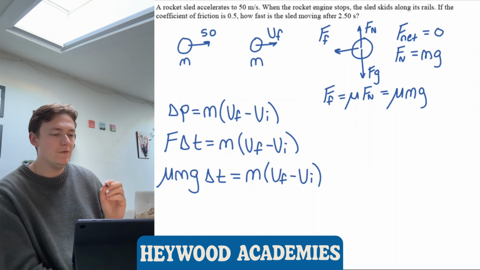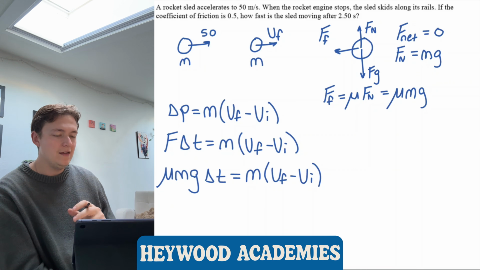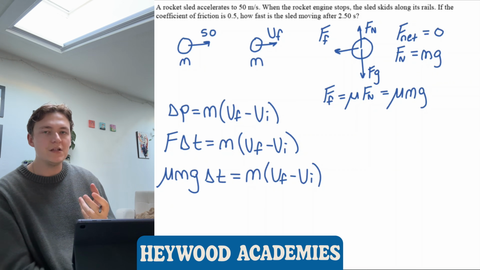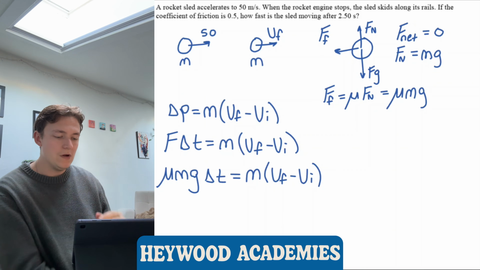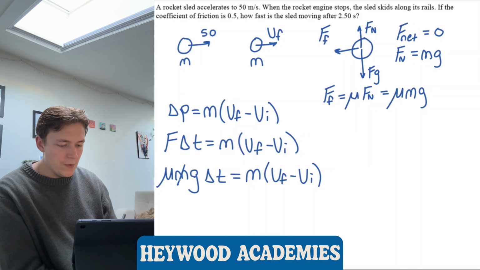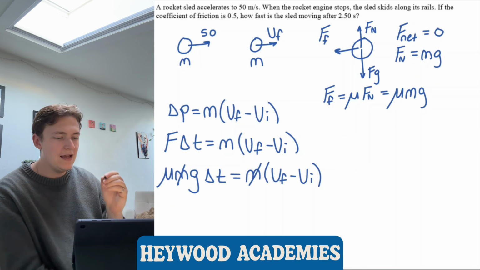This is a good example of why it's important to practice rearranging your equations first using algebra and then plugging in your numbers as the last step. Because in this case, we sort of have to do it this way. What's going to happen is we have mass on both sides of this equation, so we can divide both sides of the equation by mass and just get rid of it.